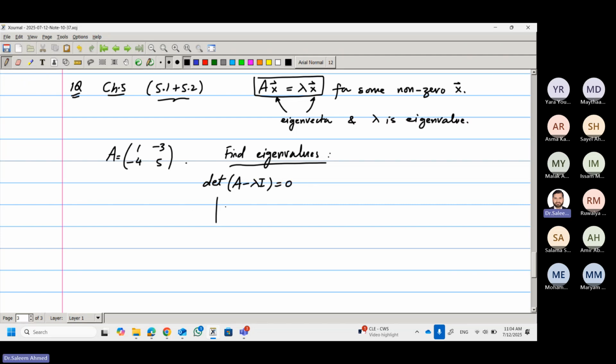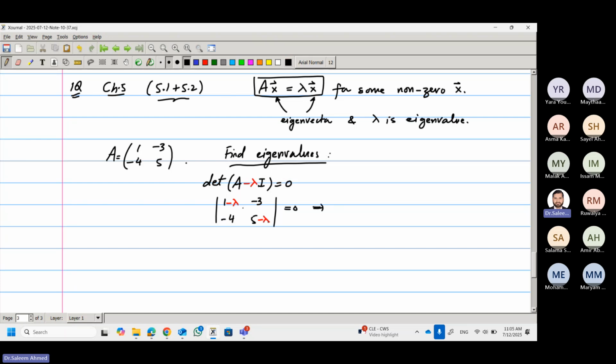A minus lambda I is subtracting lambda from the diagonal only. Off-diagonal elements remain the same.